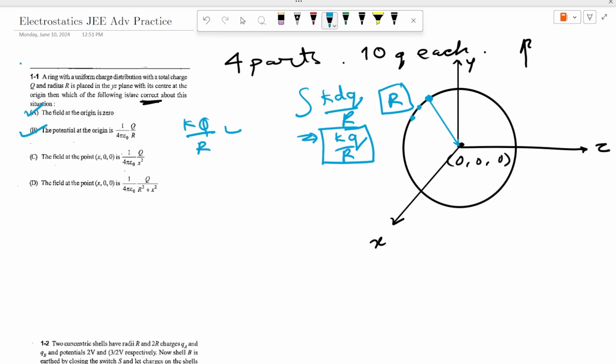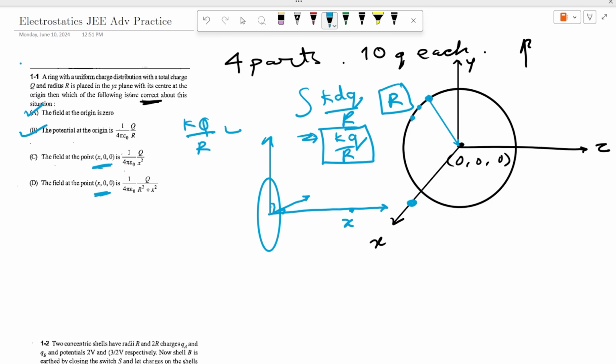Now we have to find the field at (x, 0, 0), where x generally means a point on the x-axis. So the way I would like you to do that is, I would like you to visualize a ring and then passing through its center is an axis perpendicular to this. They are mutually perpendicular axes.